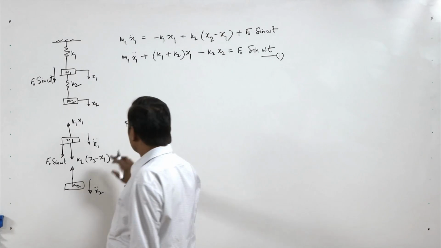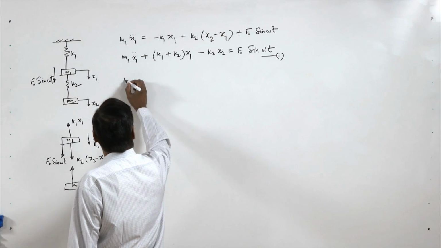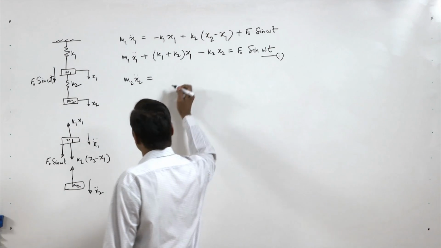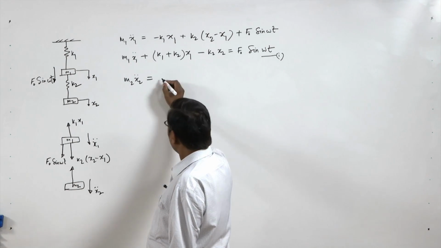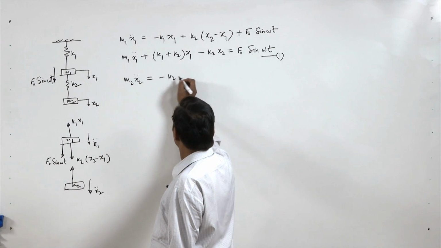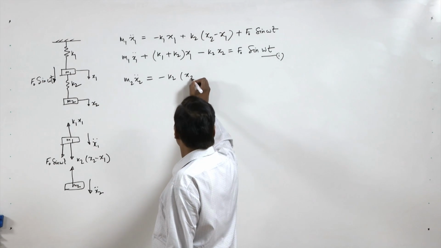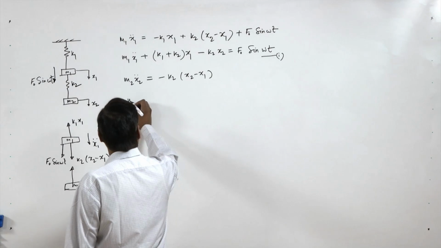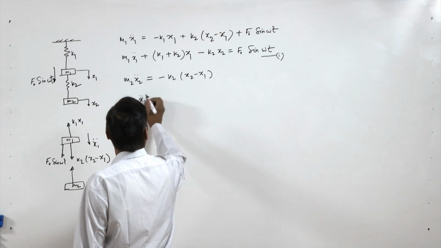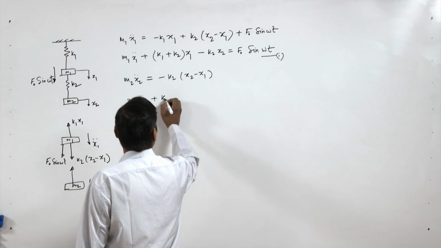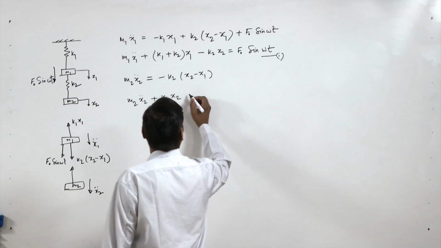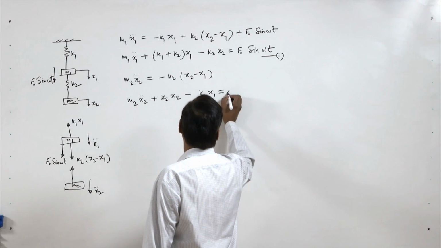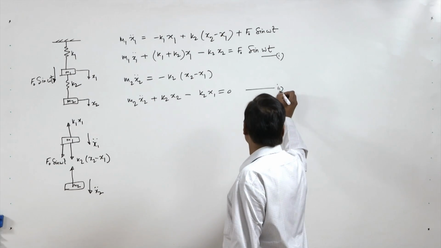Then for the second mass we write m2 x2 double dot equal to minus k2 (x2 minus x1). So we can rewrite it as m2 x2 double dot plus k2 x2 minus k2 x1 equal to 0. This is equation 2.